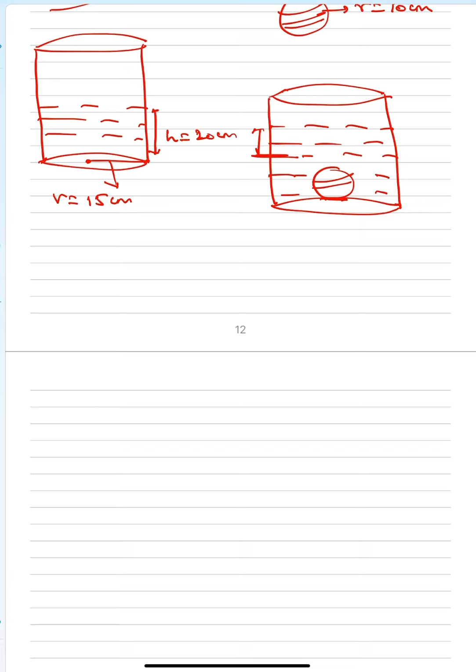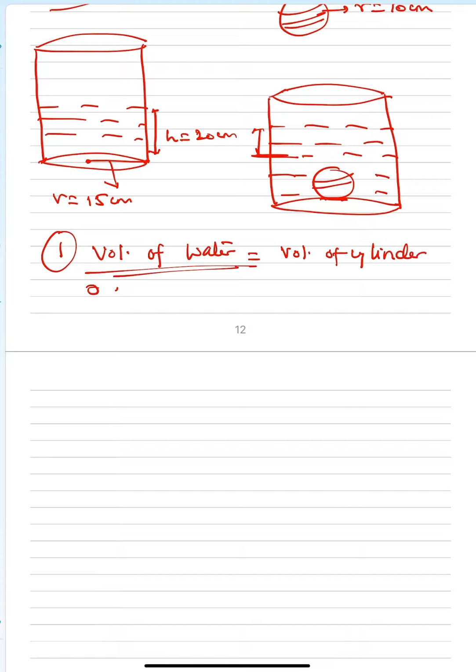The same concept. First we will keep in mind that the volume of water here is equal to the volume of the cylinder. Why? Because water takes the shape of the cylinder.